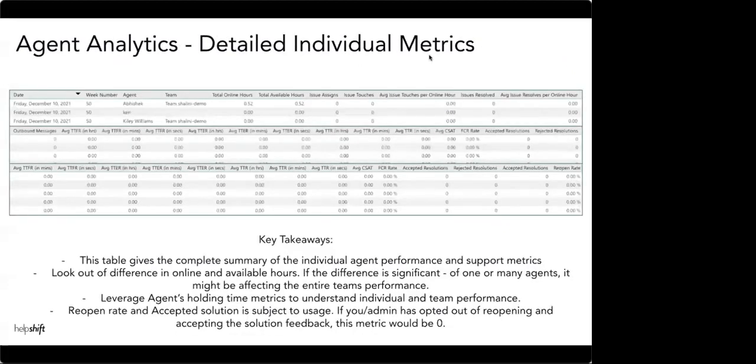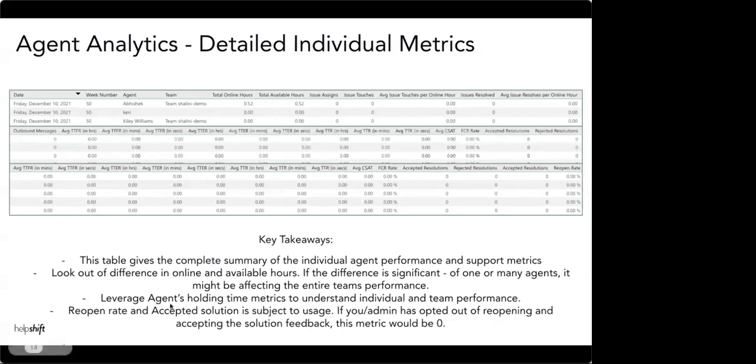Detailed individual agent metrics. This table gives you the complete summary of individual agent performance and relevant metrics. A few common best practices from this dashboard could be to look at the difference in online and available hours of the agents. If the difference is significant, you may want to reach out to your agents and see how it might be affecting your entire team's performance.